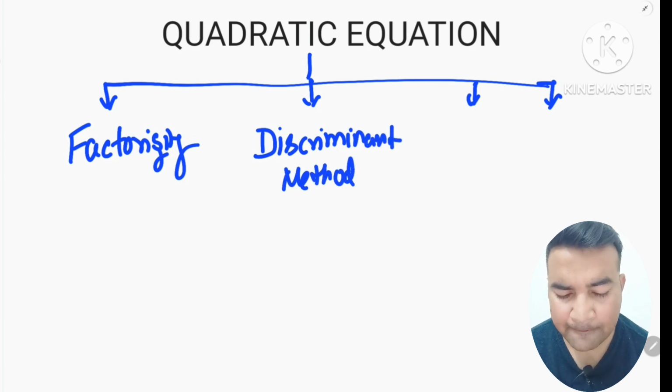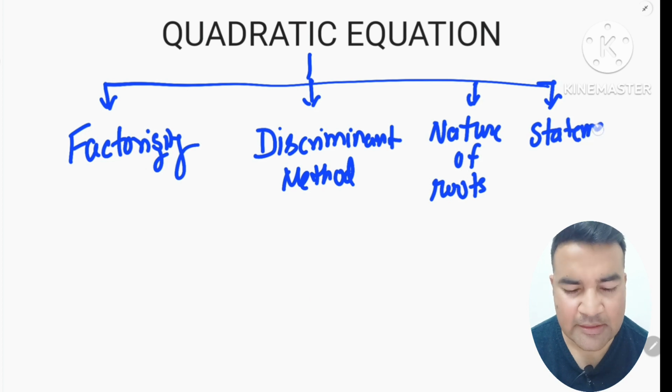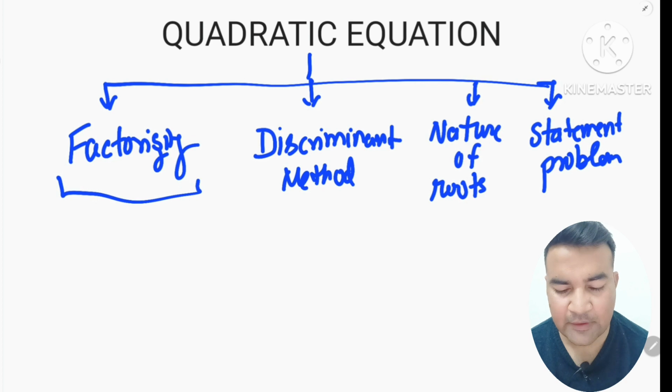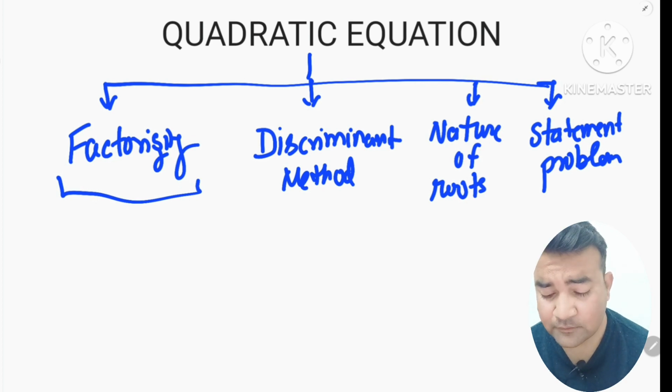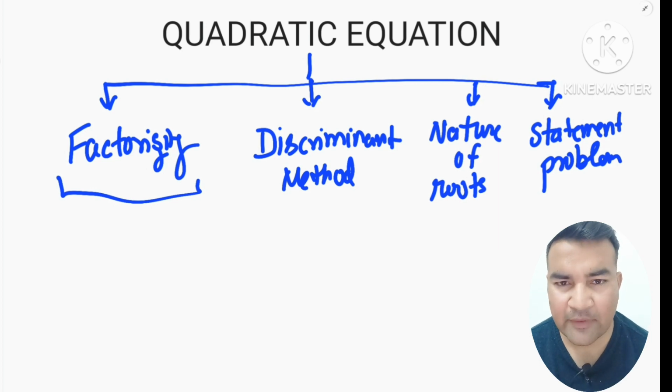The third thing we will talk about is the nature of roots, and the last one is the statement problem. These are the things that we are going to cover in this chapter. In a quadratic equation, as we know, the highest power is 2. That means when we solve the quadratic equation, we get two zeros or two roots.